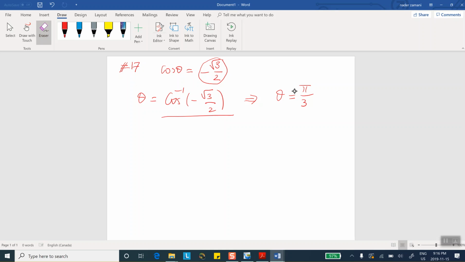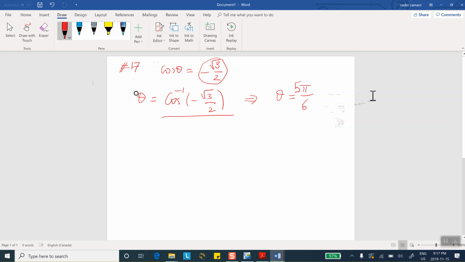Let's clean it up. Notice that cosine of 5 pi over 6 is actually minus root 3 over 2. If you put this in your calculator and ask for the angle in degrees, it's going to spit out 150 degrees. And 150 degrees is actually 5 pi over 6.